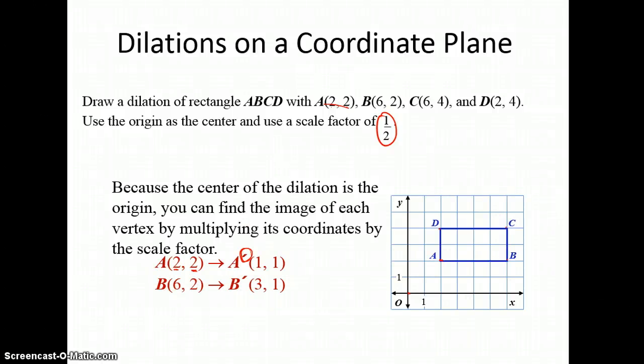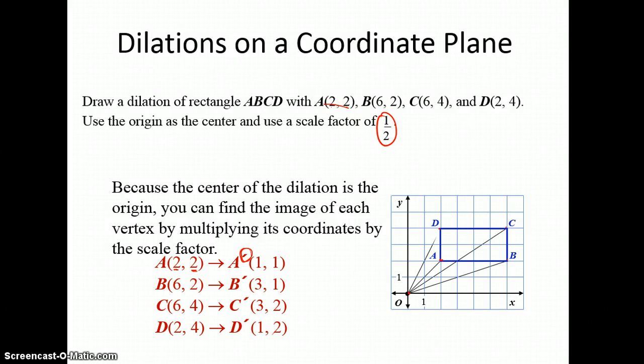I would do the same thing with B. Take 6, 2, and multiply both of those by 1/2 to get B prime, which is 3, 1. C, 6, 4, half of 6 is 3. Half of 4 is 2, so C prime is 3, 2. And D, half of 2 is 1. Half of 4 is 2, so D prime is 1, 2. Now all I need to do is plot those points on the coordinate plane.